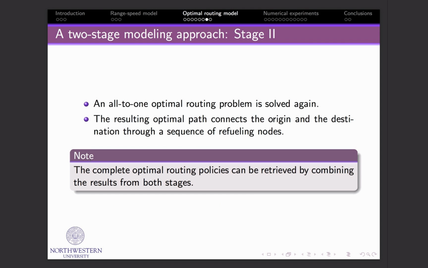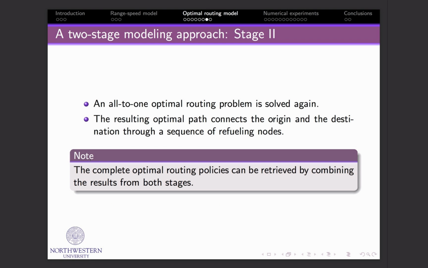In the second stage, with the information obtained in stage 1, an auxiliary network is built. And the links in the new network represent the optimal routing policies in the original network. In this auxiliary network, we have 4 types of links. The type 1 link is from a feasible node to a node in set C. We recall that the set C is a set of designated refueling stations. So the type 1 link goes from a feasible node to a refueling node.